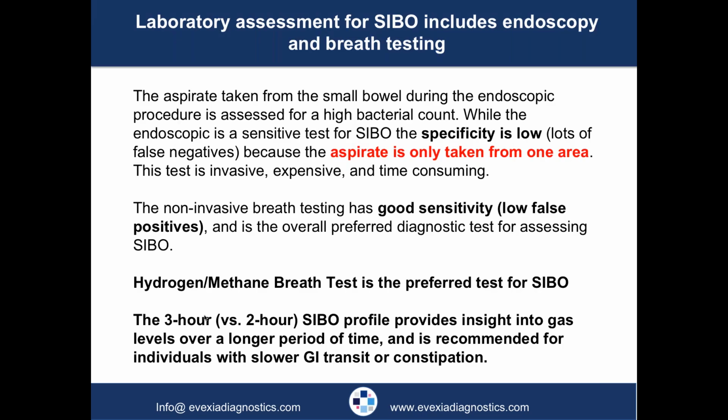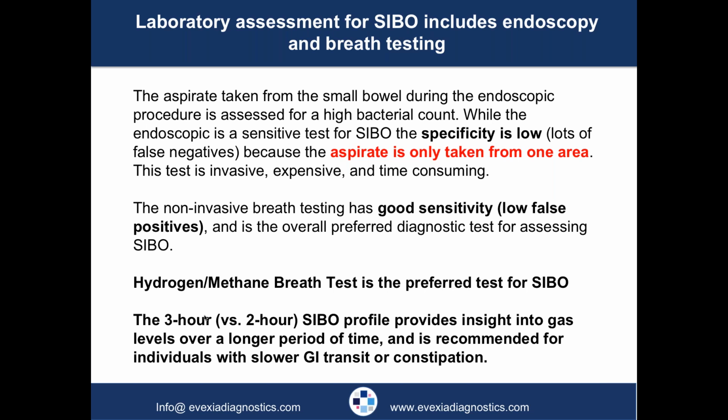So now the laboratory assessment of SIBO includes that endoscopy that I mentioned before, and also breath testing. And here's the thing on the endoscopy, so you're aware of that. They put a tube down the throat into the small intestine, and they get some aspirate, and then they're going to try to culture that. Here's the thing: it's very sensitive for SIBO, but it has low specificity, lots of false negatives.